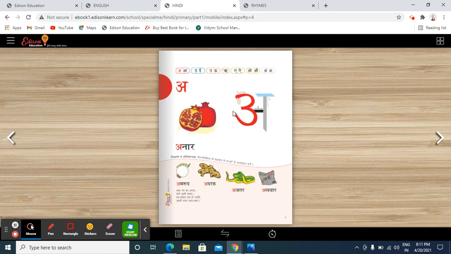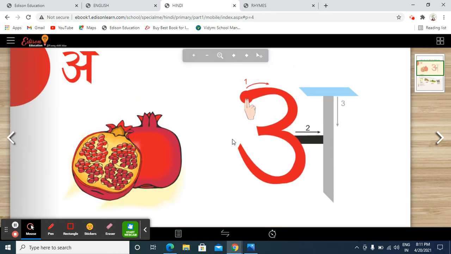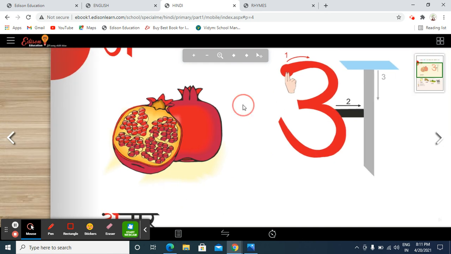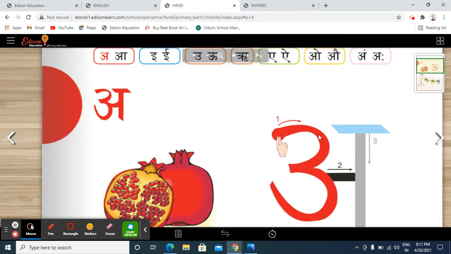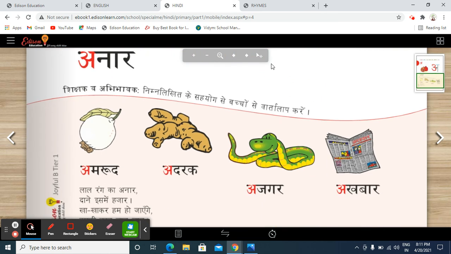Okay, let's revise what we did earlier. This was a anar. You all eat anar? And these were other things related to a.